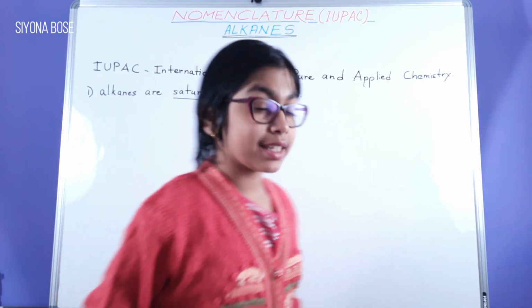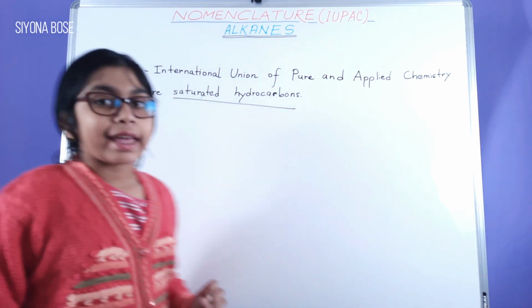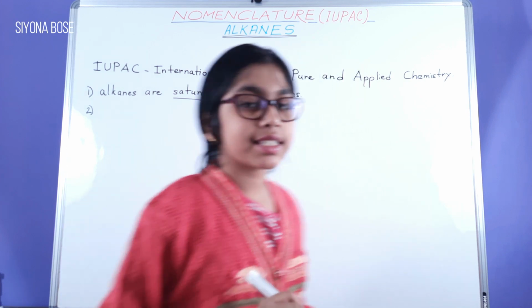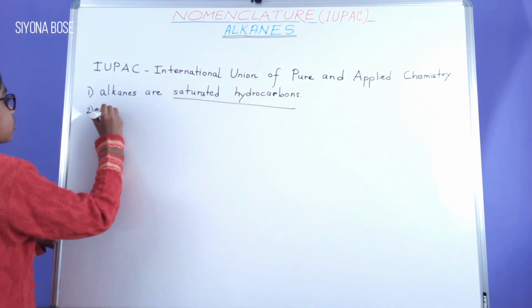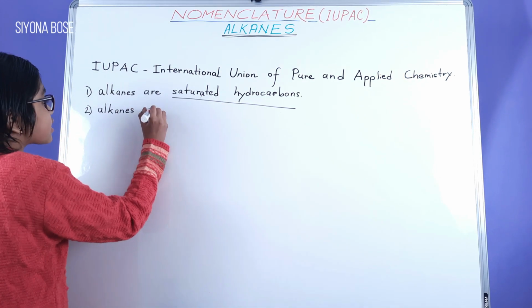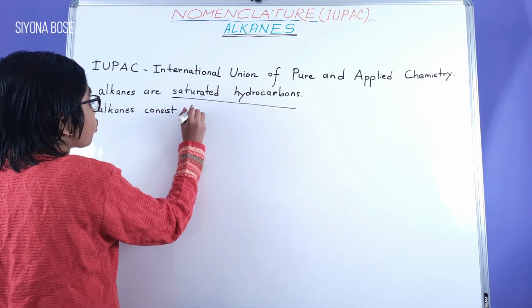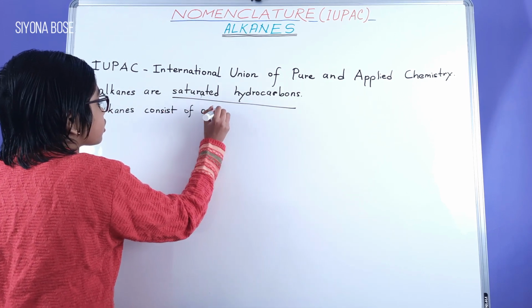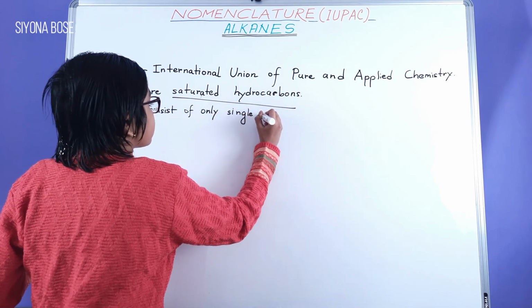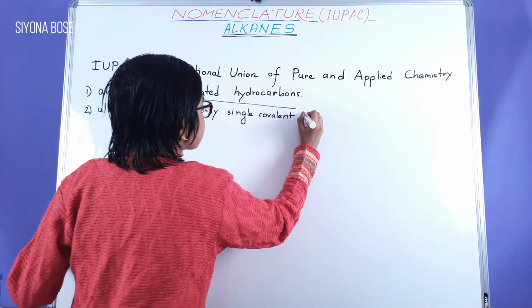Our next point is, alkanes consist of only single covalent bonds.